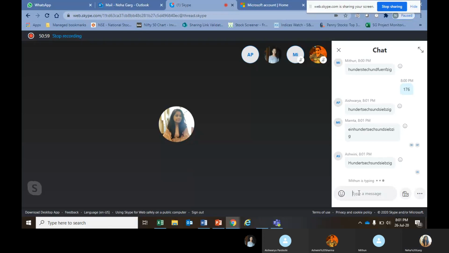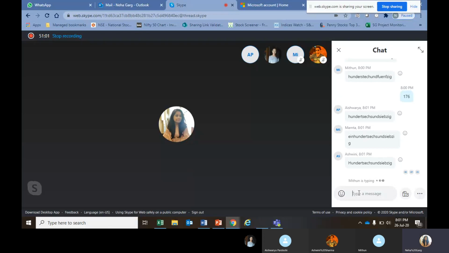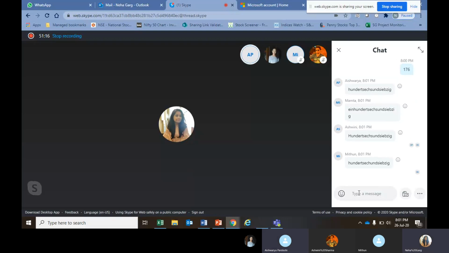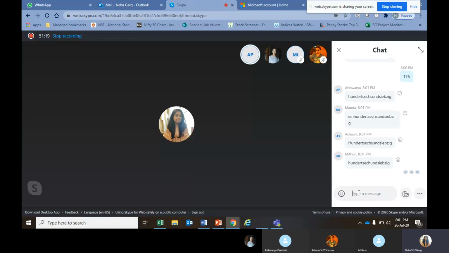Sehr gut. 176. Sehr gut, Ashwin. Und 100. So Mithun, it would be Zex, not Zek, because there is und in between, right?